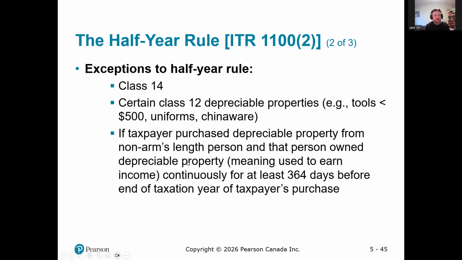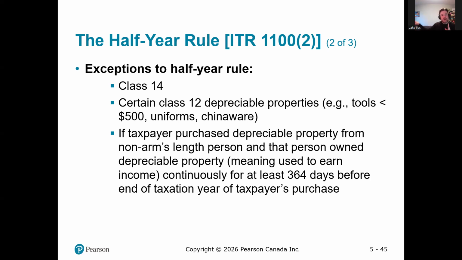So when we're talking about the half year, when I buy a new machine, I'm considered to have it for half the year, but the machine must be new to me. If my sibling buys the machine off me, they don't get the half year rule because it's not new to us. We're still part of kind of a same familial unit. I had the machine for a couple years and I sold it to them.